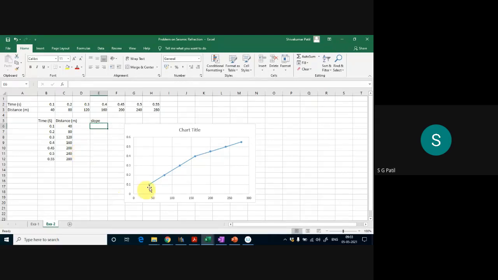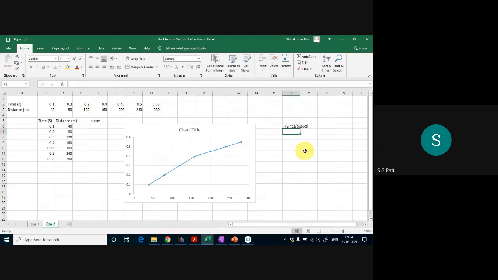What is the formula to calculate the slope of a straight line? Have you seen this formula? M is equal to y2 minus y1 divided by x2 minus x1.